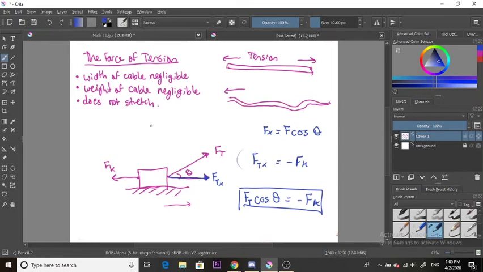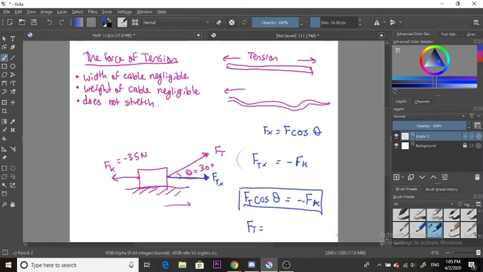Once you have figured out your formula, then it's very easy to solve for your tension force. So let's give this example some numbers. Let's say that my Fk is equal to negative 35 newtons, and let's say that my theta is 30 degrees. If I wanted to calculate my Ft, actually let's rearrange this.